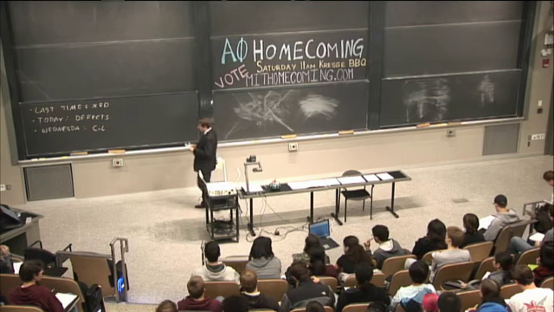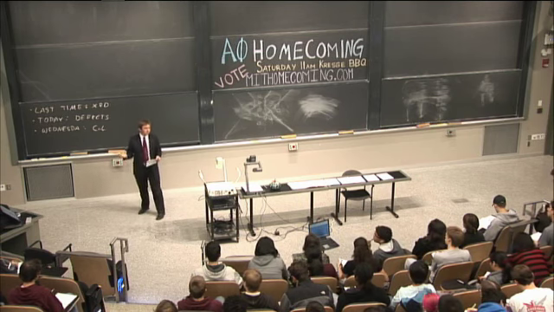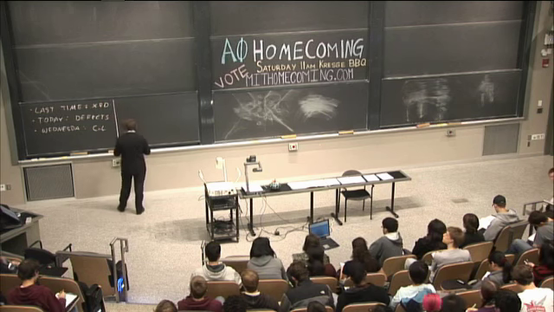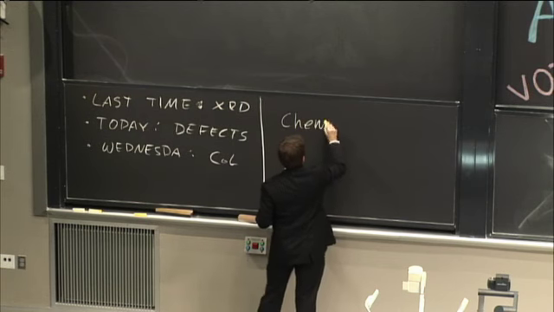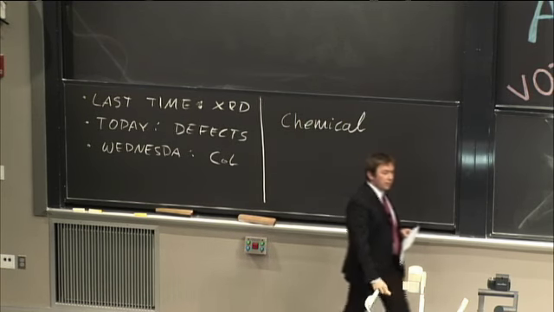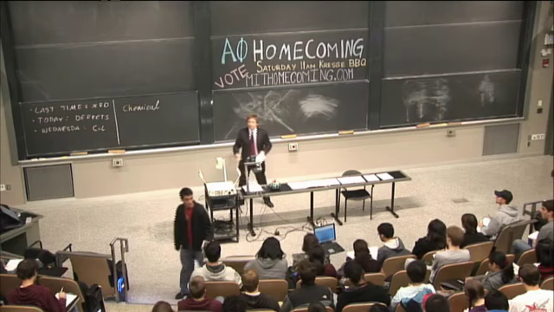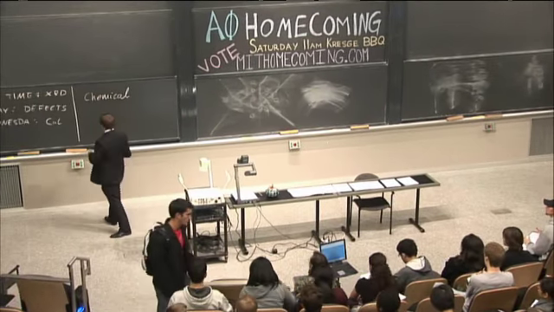So let's see, what do we mean by defects? Well, there are two types of defects, broadly speaking, that we're going to be talking about, and we can classify those into two categories. One of them is chemical. So far we've been dealing with chemically perfect materials, so ones that are made up of one element, or ones that are made up in stoichiometric quantities of two elements.